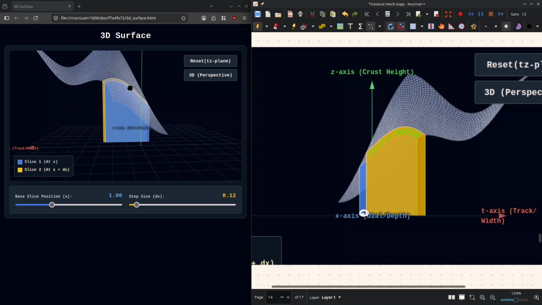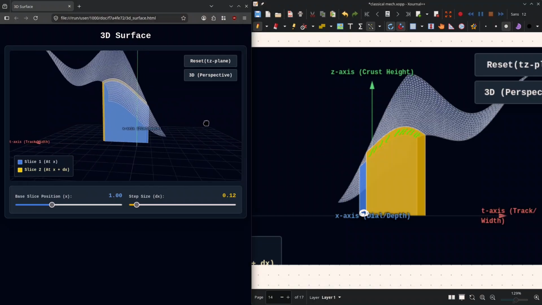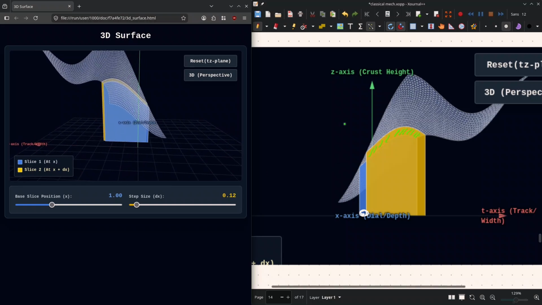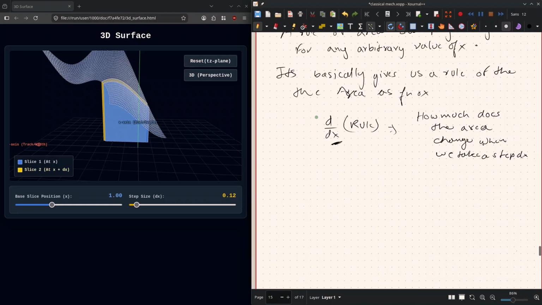If you can compare, this is how the area changes. From the simulation you can see, if we took a small step, this is how the area of this slice changed, and how much the area changed on the surface and how much on the edges. So what this spits out is actually this change. Simple.